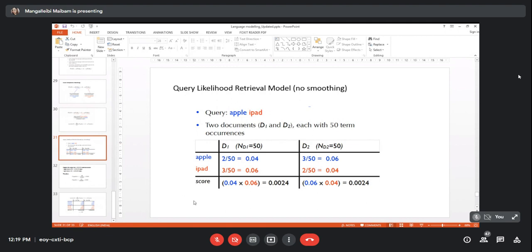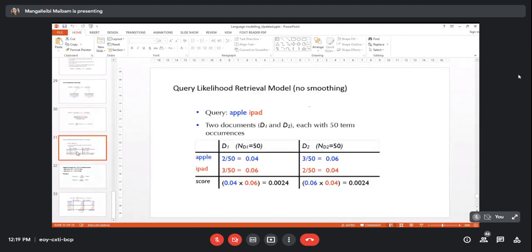Our retrieval method retrieves the same score value. But now with smoothing, we can make it different. Since the scores are the same, we may get confused whether the score is for document D1 or for document D2.